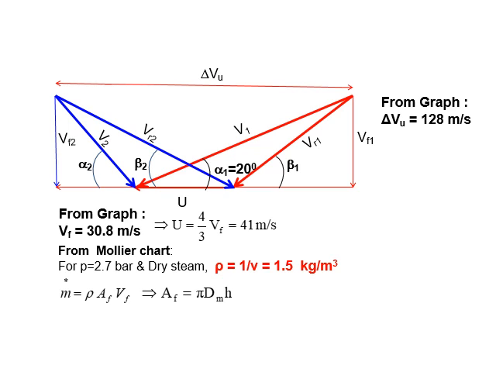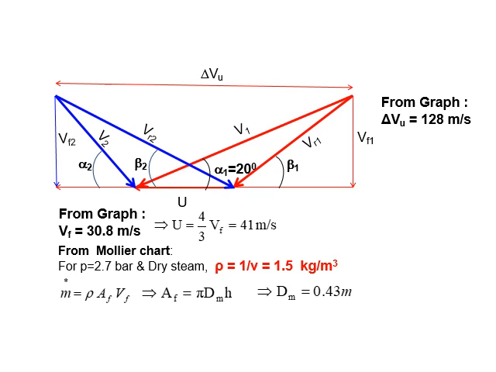The area of flow can be calculated using the formula pi into d m into h, where d m is the mean diameter and h is the height of the blade. The diameter is calculated using this relation, which gives 0.43 meter.